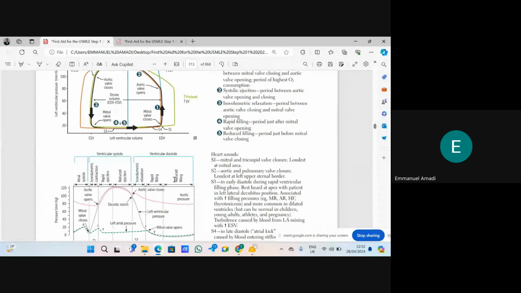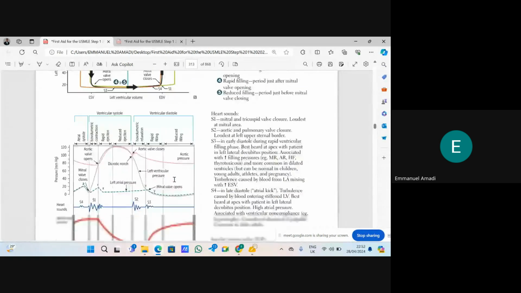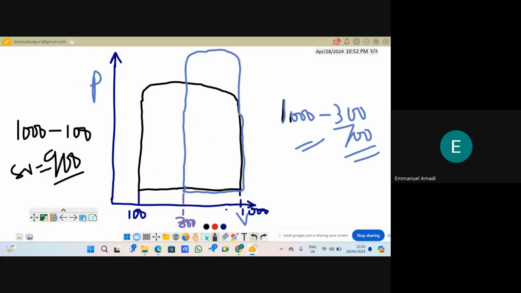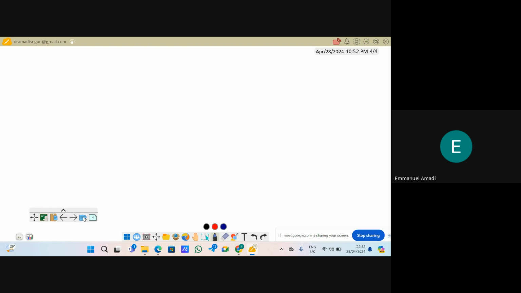Now, what I want you to know is this. Let us go back to the whiteboard again. Remember, I told you there are two ways your atrium empties its blood. The first way is via passive filling. Once the valve opens, of course, the blood will definitely run out. As simple as that. There's nothing you can do.